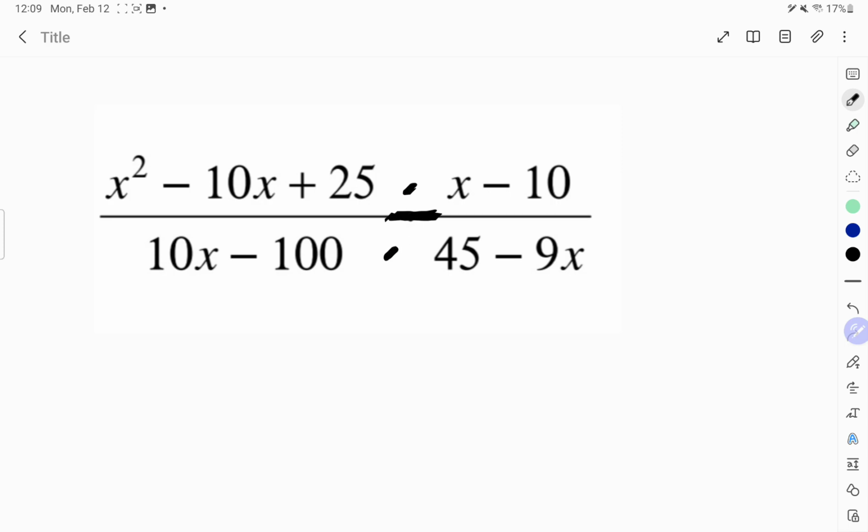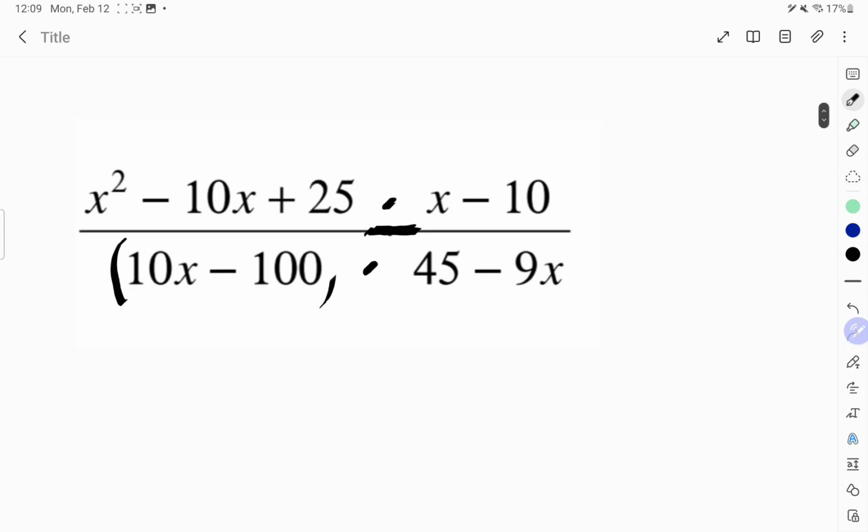Like I mentioned before, for every binomial, that means whenever you have two terms, I want you to put parentheses around that. It's very important that you realize that all of those are binomials, mainly because they have two terms, but also none of them are squared.